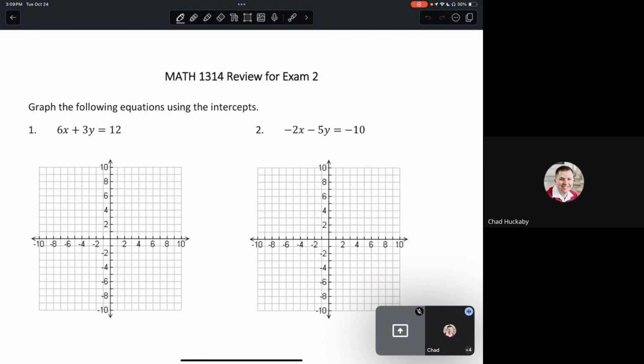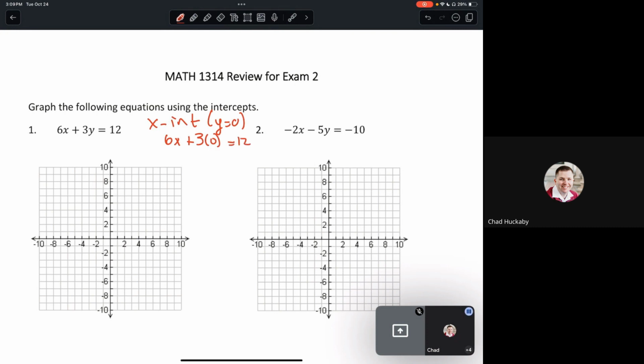How do we find the intercepts of this equation? Well, the x-intercept is when y is equal to 0. So in that equation, we can plug in y equals 0, and we have 6x plus 3 times 0 is equal to 12.